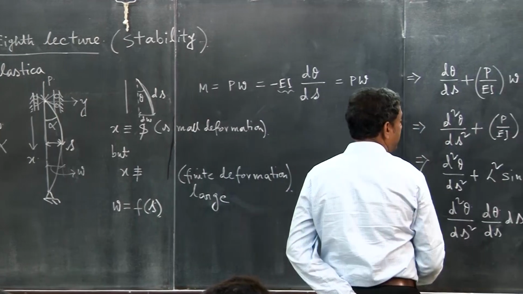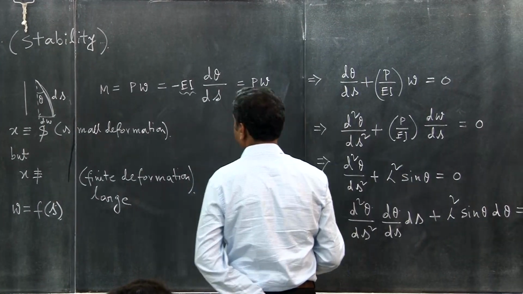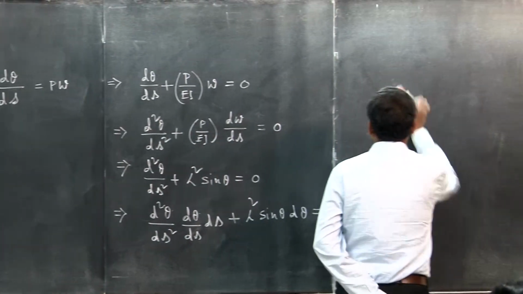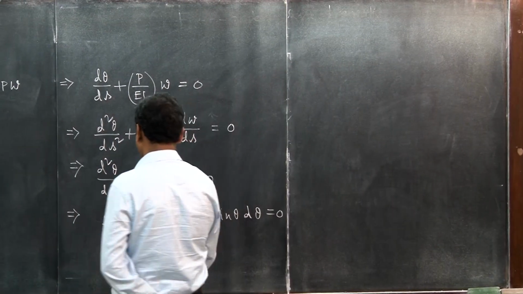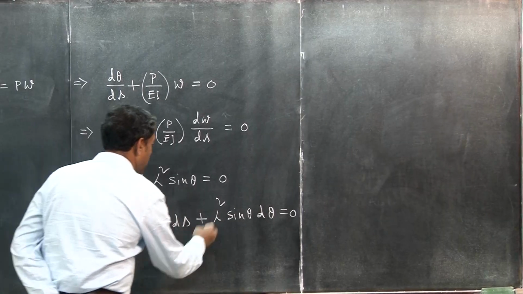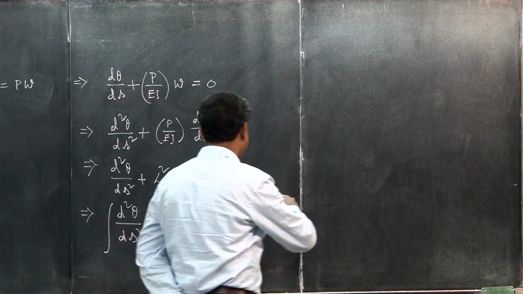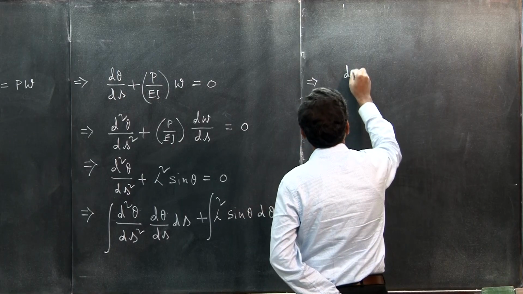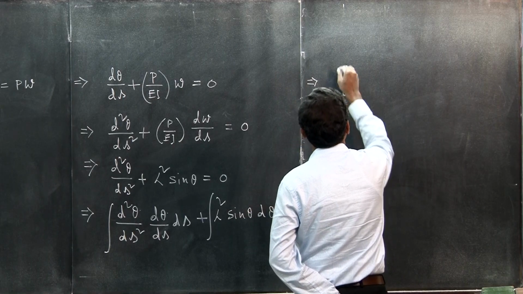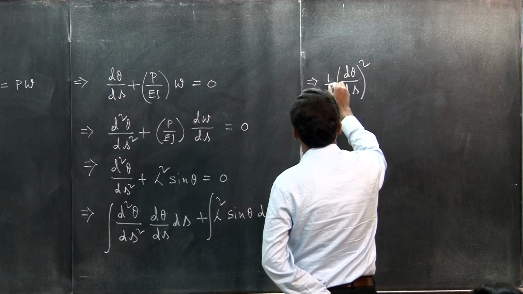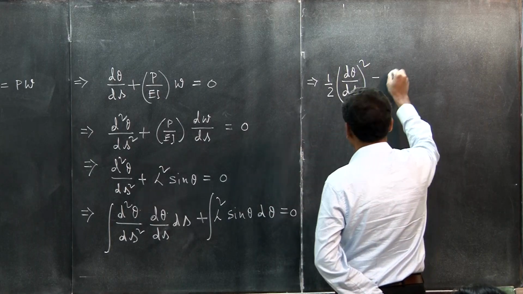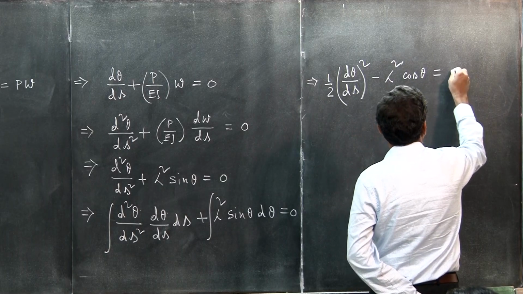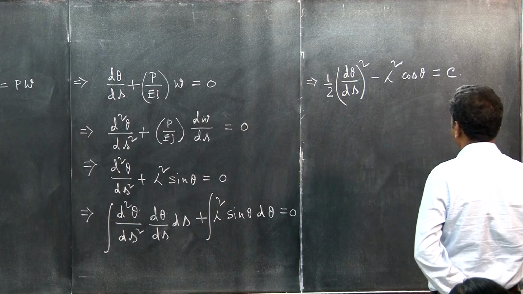Okay, good. So now I will integrate it for theta. What I am going to get is half of (d theta ds) squared minus lambda square cos theta is equal to some constant of integration.